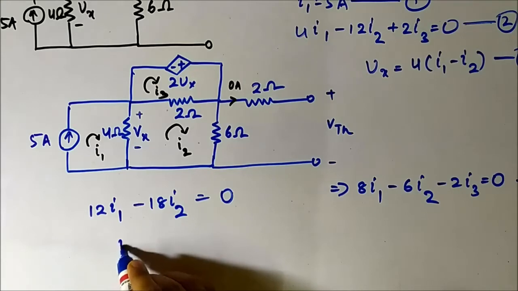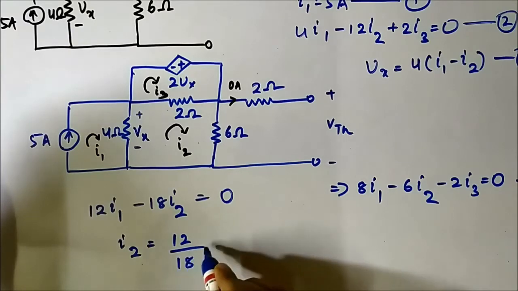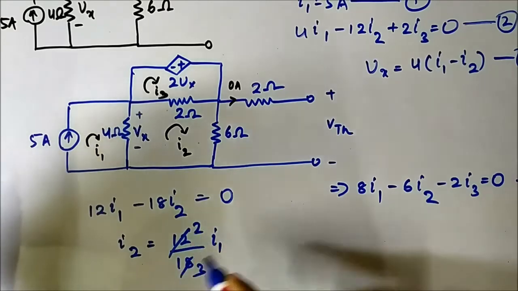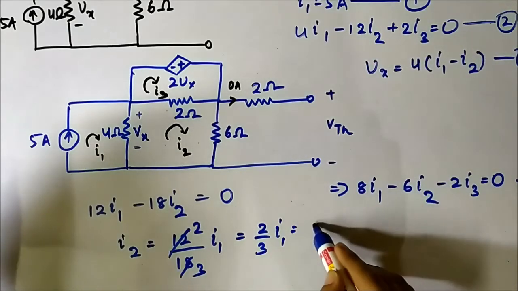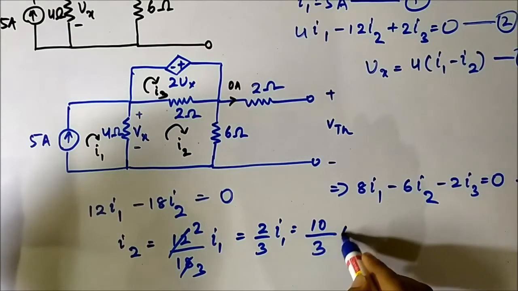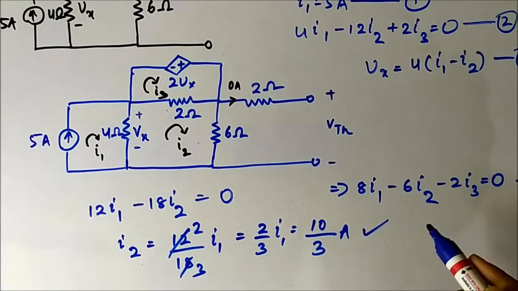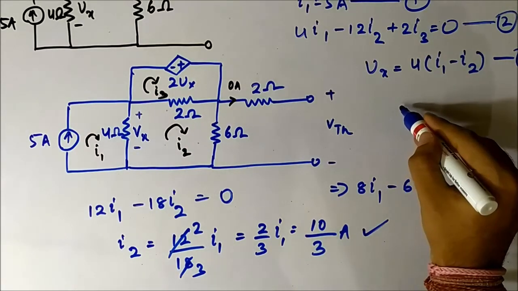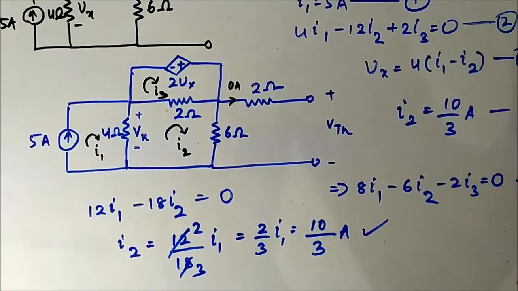So I2 is equal to 12 by 18 into I1, which is 2 by 3 I1, which is equal to 2 by 3 into 5, 10 by 3 ampere. The value of I2 is 10 by 3 ampere. Now for the VTH calculation, let us write it here. This is the fifth equation.